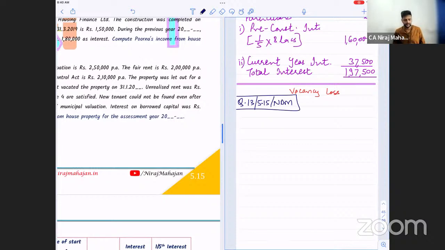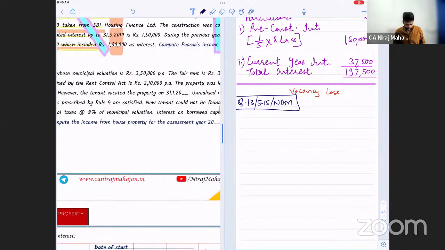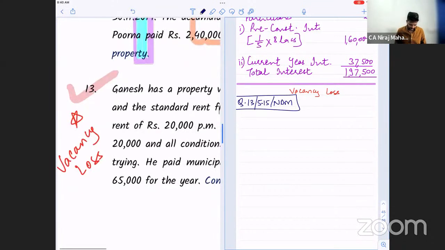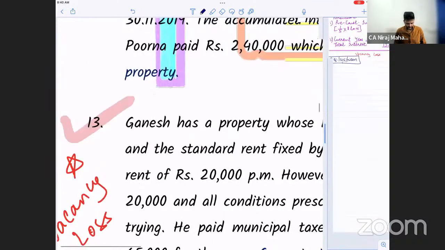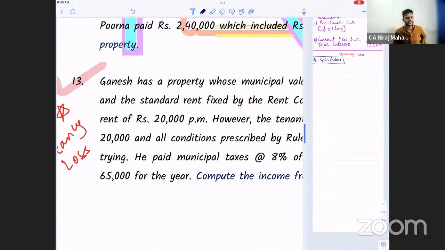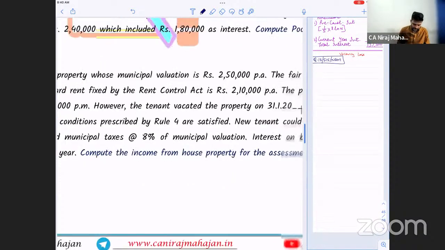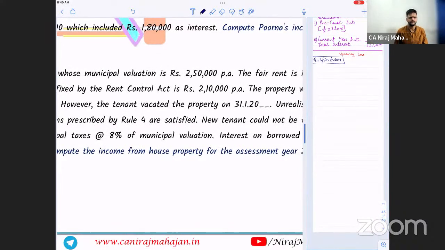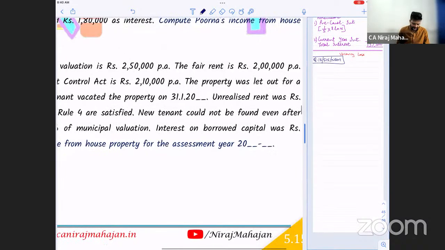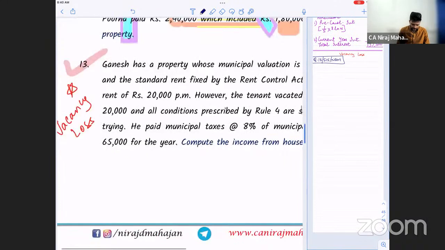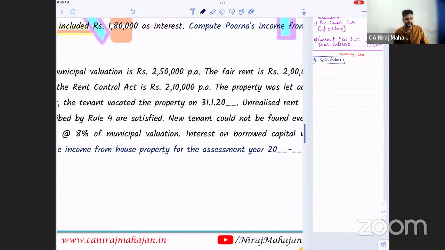Chalo, we'll go ahead. Ganesh has a property whose municipal valuation is 2,50,000 per annum. Fine till here? No issues? The fair rent is 2 lakh per annum and standard rent is also 2,10,000. So with all three figures we can find out the expected rent.